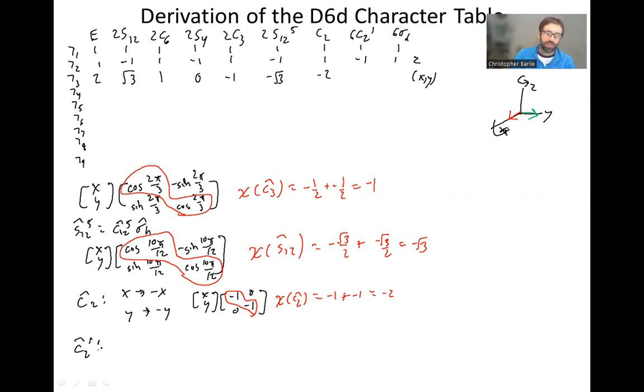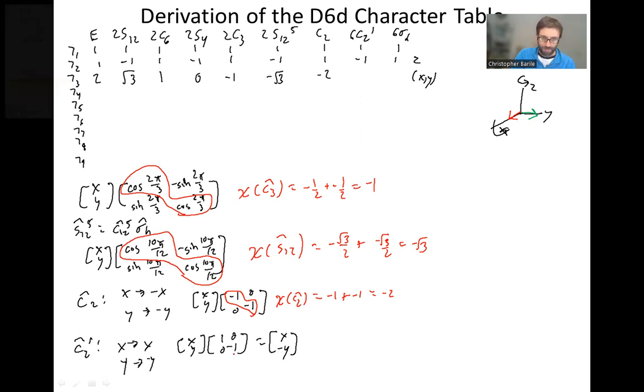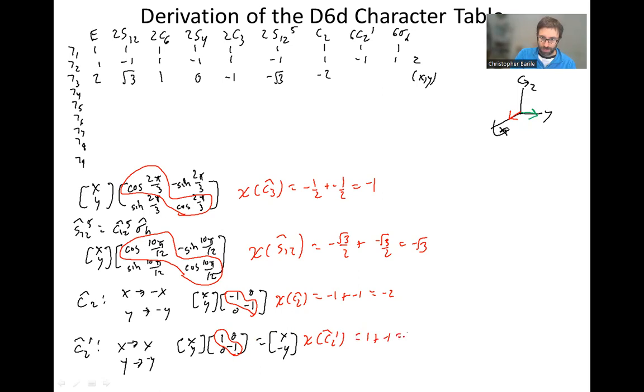So this is one of the C2 primes in the C6v C2 prime class. That's going to take x goes to x. But we're off axis for the y, and so that's going to flip y into negative y when we're rotating that way. And so that gets us x going to x, y going to negative y. So the matrix is 1, 0, 0, negative 1. And so the chi of C2 prime is equal to 1 plus negative 1 equals 0.